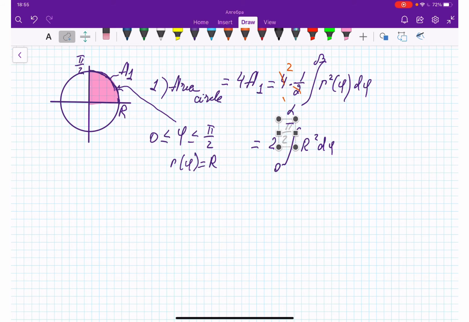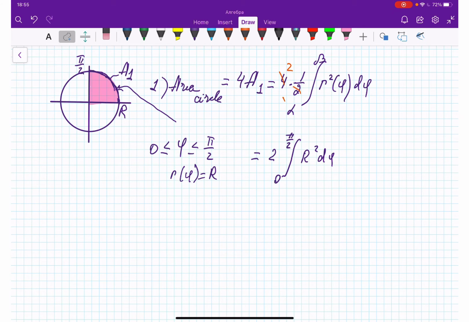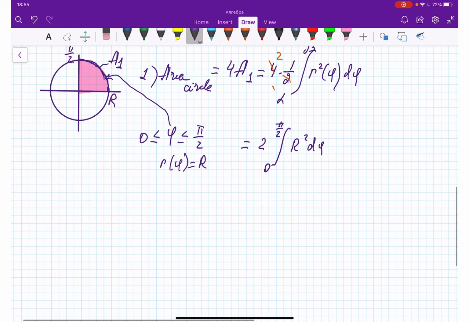And we are getting 1/2 r squared integral from 0 to pi over 2 of d phi.